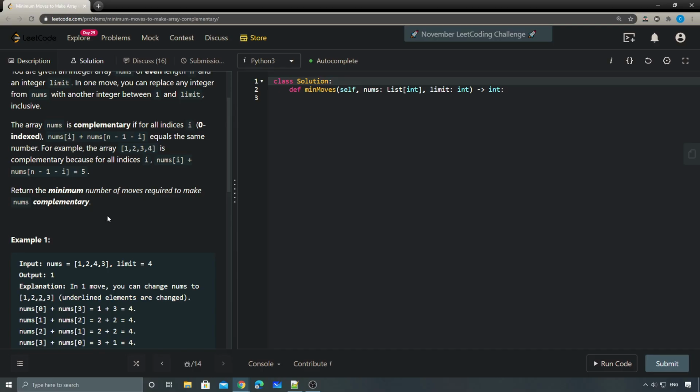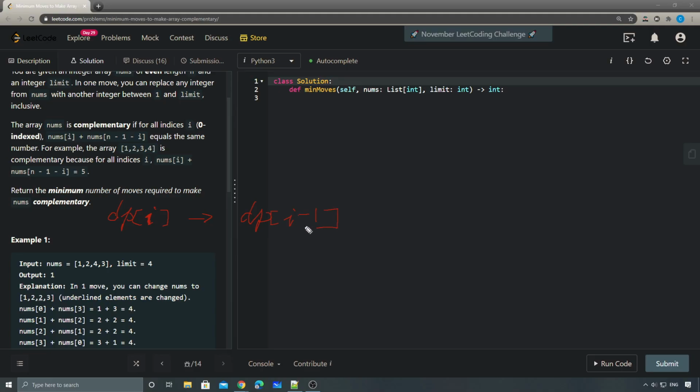Even if you try to solve this one with DP, you're going to have dp[i], which means the current sum, what's the minimum moves to make all the pairs complementary with this given sum, and then we'll try to figure out the state transition function with dp[i minus 1], something like that.